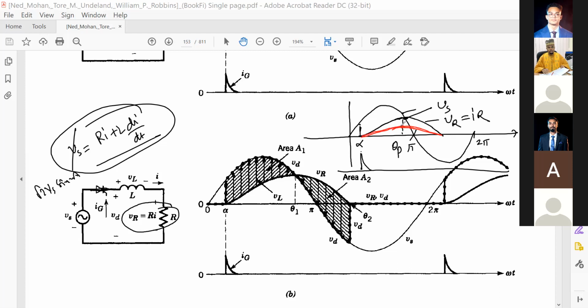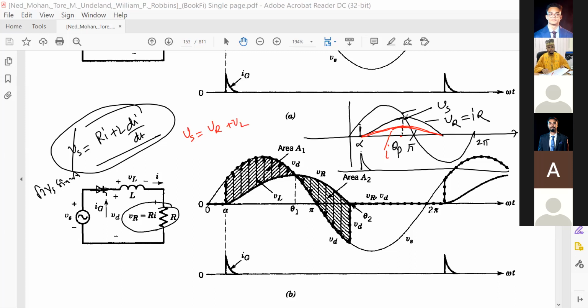The red one is the current wave shape, and it will have the peak value at theta P2. We have already discussed this. Vs will be VR plus VL.